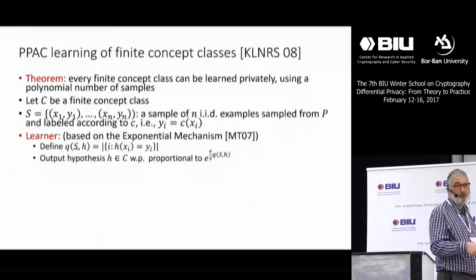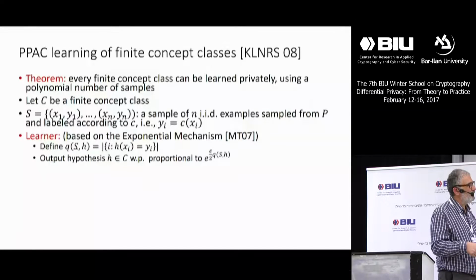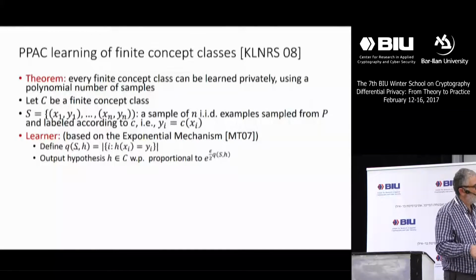You've seen this in Katrina's talk. That's e to the epsilon over 2 times the score function evaluated at H. We don't see the sensitivity of Q because it's 1 here, so I didn't write it, okay?